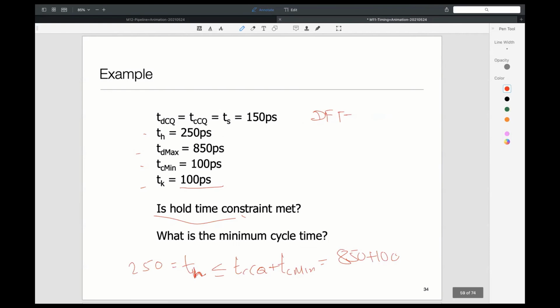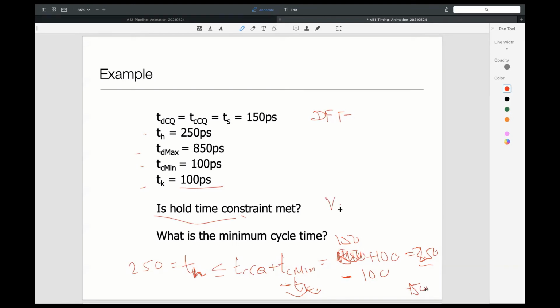Except what happens is now that I have skew, so skew eats away out here. Sorry, not this. 100 plus 150, 250, right? So it was previously meeting it correctly. And now I have a minus TK. So I eat away minus 100. So this becomes 150. And so I have a violation.